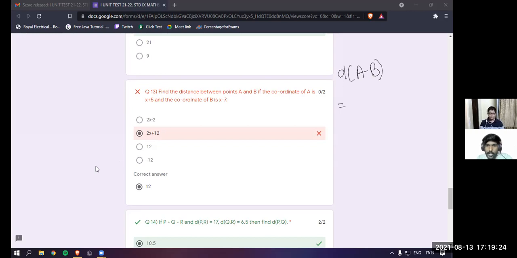Coordinate of B minus coordinate of A, right? Coordinate of B is x minus 7 and coordinate of A is x plus 5. So open up the bracket: x minus 7 minus x minus 5, correct?